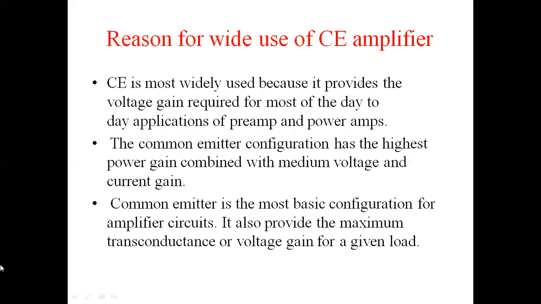Let me tell. First, the common emitter transistor is most widely used because it provides the voltage gain required for most of the day-to-day applications of preamplifiers and power amplifiers.